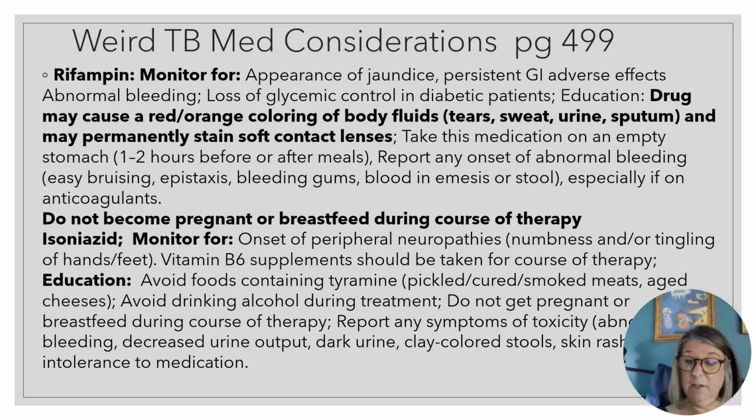Do not get pregnant or breastfeed with isoniazid. Watch for any signs and symptoms related to toxicity. So this could be decreased urine output, dark urine, clay colored stools, that is related to lack of bile, skin rashes, anything like that.